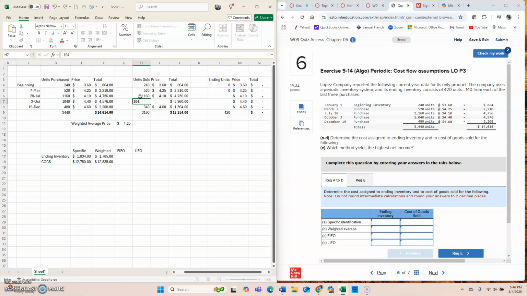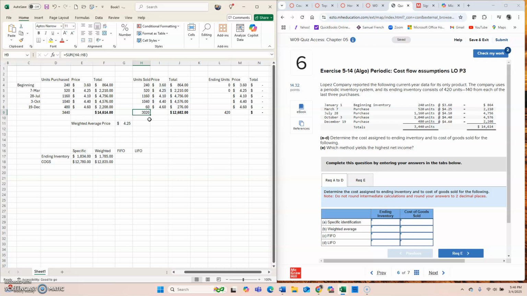We're going to sell the full amount of our October 3rd purchase. And we're only going to sell 60 of our December 19th of the last one. That still equals our 3,020 units, but that changed everything.